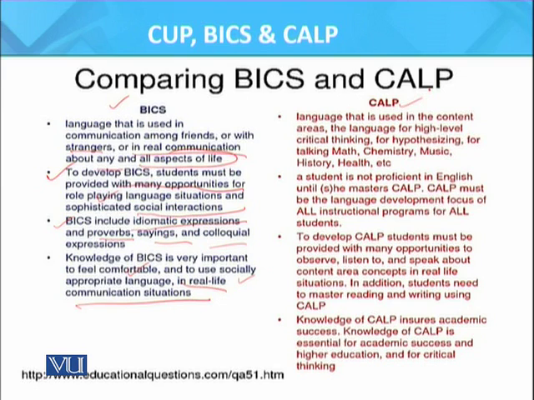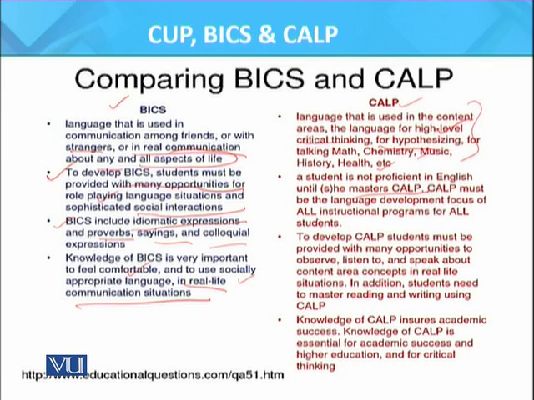In CALP, the language is used in the content areas, the language for high level critical thinking, for hypothesizing, for talking maths, chemistry, music, history, and health. So these are the academic content that we are talking about. A student is not proficient in English until she masters cognitive academic language proficiency.